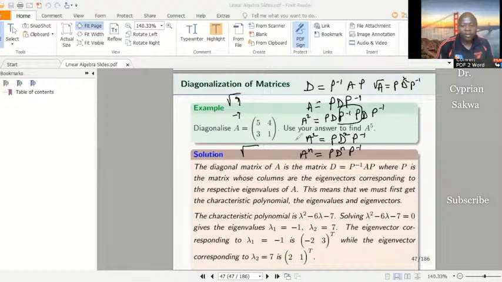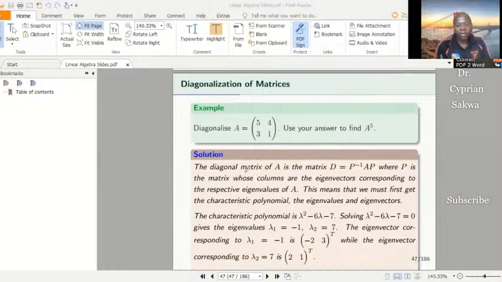All these are covered in the following examples. The first example: diagonalize this matrix and use it to find A raised to 5. The first thing I do is get the characteristic polynomial, equate it to 0, and get the eigenvalues. The characteristic polynomial, you know how to get it.